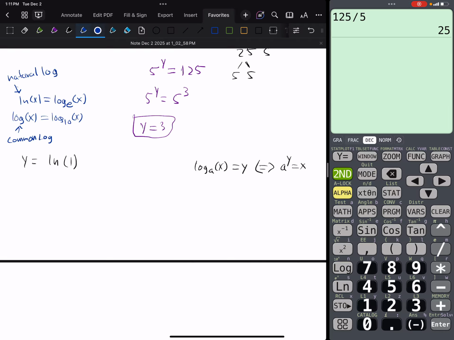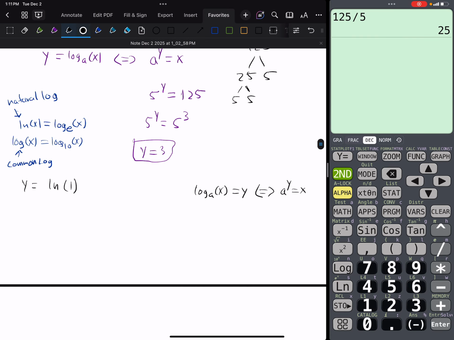So what I really have here is the natural log of 1. I'm trying to evaluate natural log of 1. So I'm saying y equals log base e of 1. And that becomes e to the what equals 1.